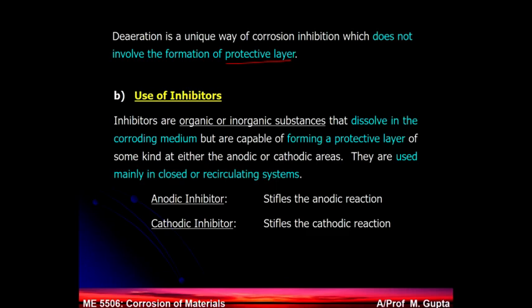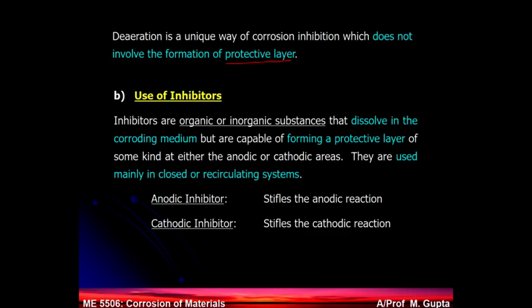Another way to minimize this corrosion, irrespective of whether it's a neutral solution, acidic solution or basic solution, is by the use of inhibitors. Inhibitors are substances that you add into the system, and they come and make a protective layer on the top of the surface of the structure that you're trying to protect.